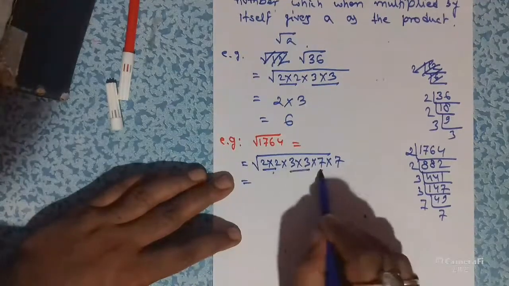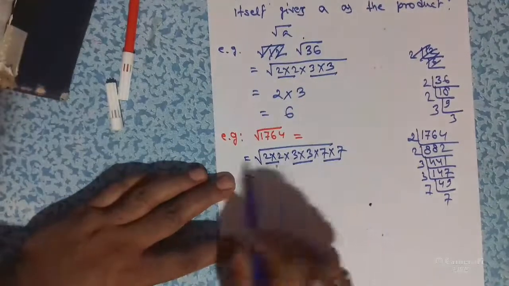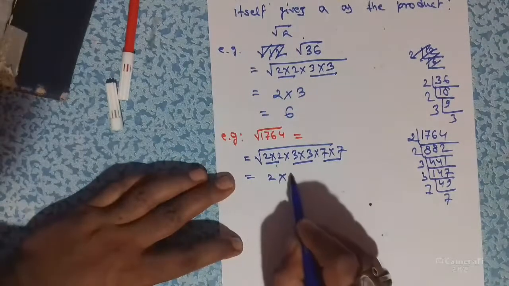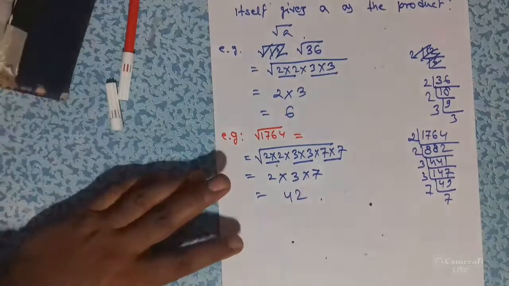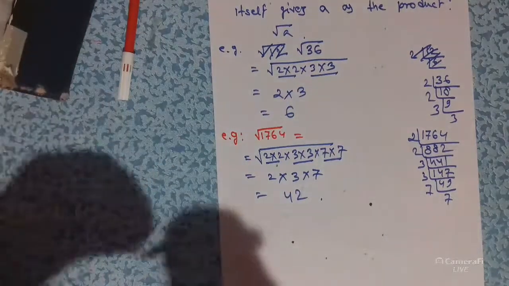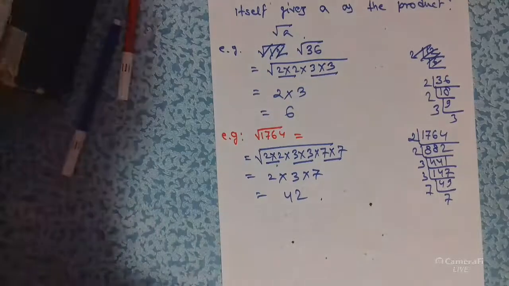Now here three pairs are there, so you have to take one prime factor from each of the pairs. So we must take 2 multiply 3 multiply 7. So 42 is the right answer. Well done, students. I can see that maximum students have sent the right answer. Very good, you have done well.